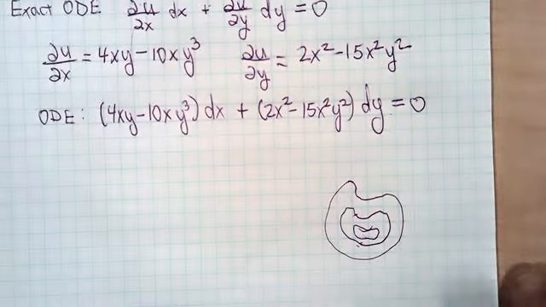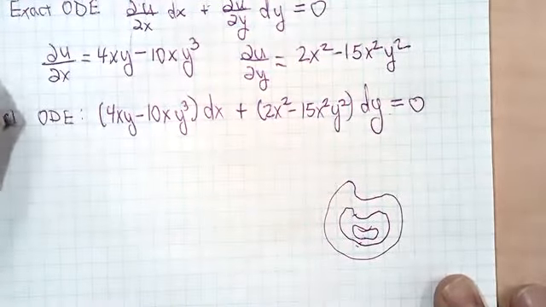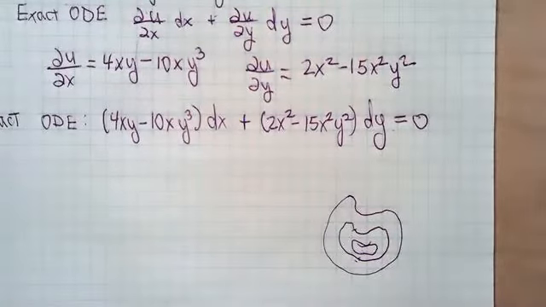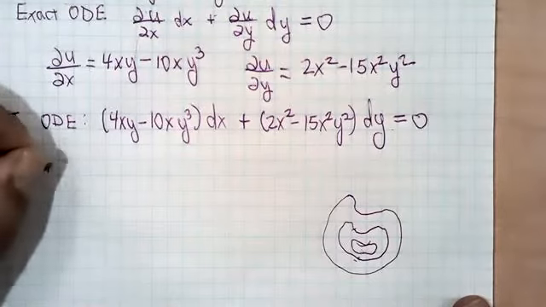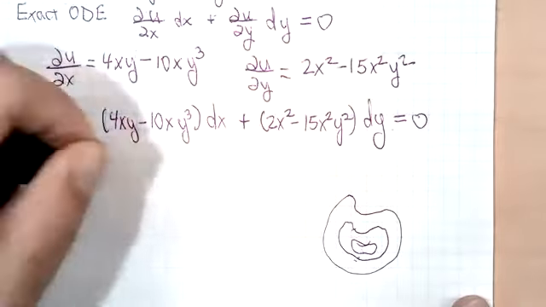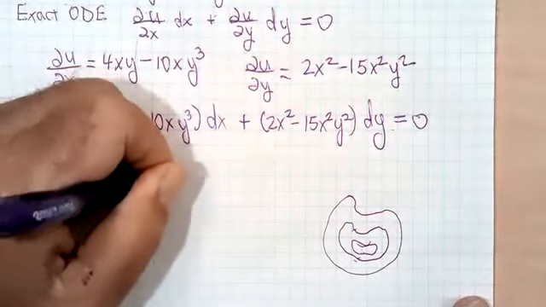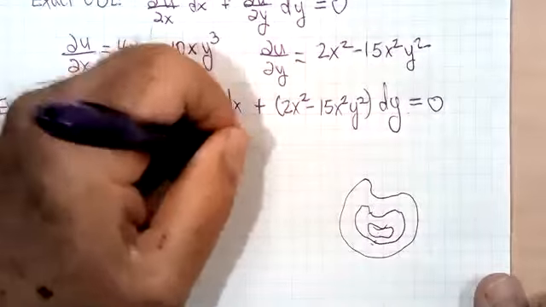Well, the answer is that if you know ahead of time that you have an exact ODE, it's relatively easy to get the solution. We know that the solution in this case is u equals a constant. So you could say, for instance, equals k.